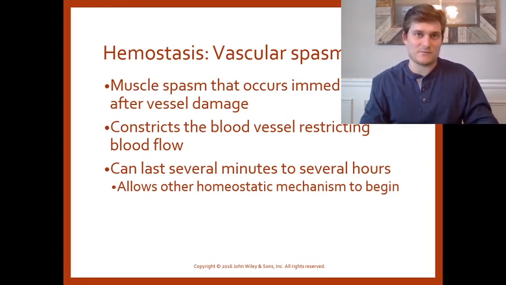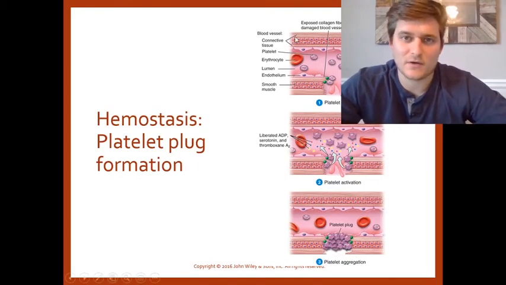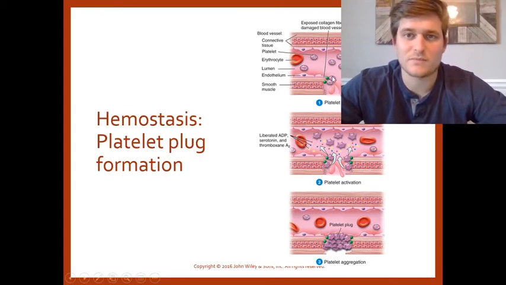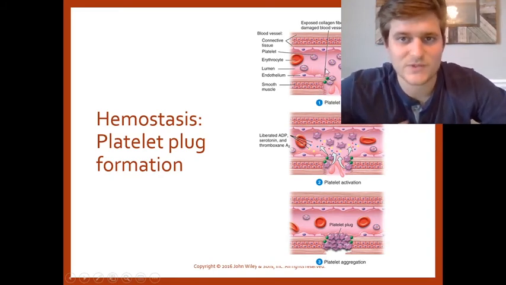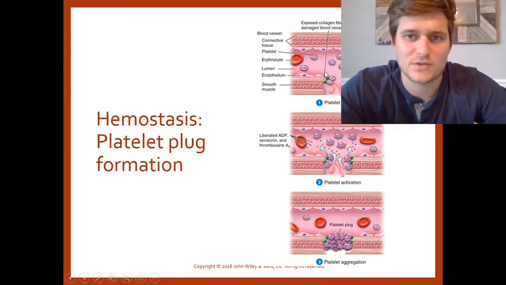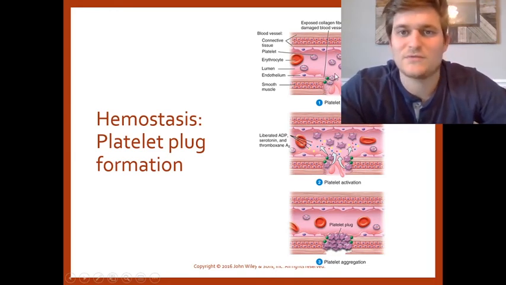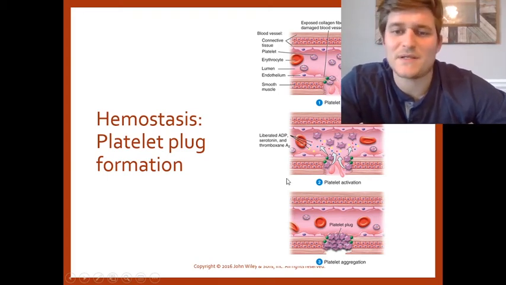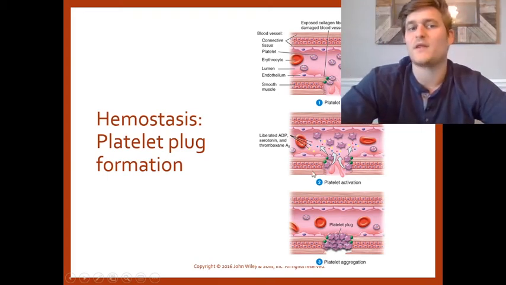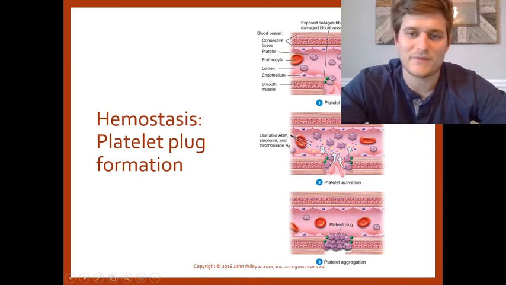We're going to see that platelets that are traveling along through the bloodstream are going to be attracted to sites of damaged vessels due to von Willebrand factors. And so platelets will start to adhere to the site of this damage. And then what's going to happen is that these platelets, although they are really small, contain a lot of chemicals.